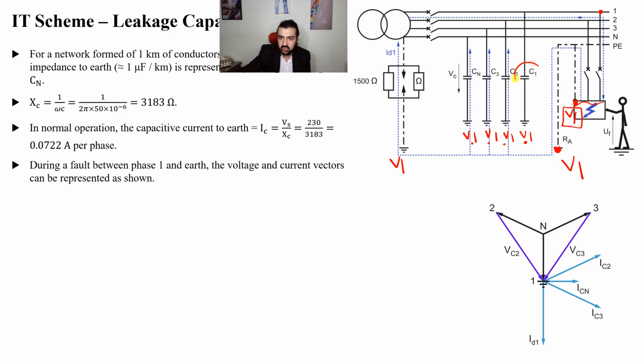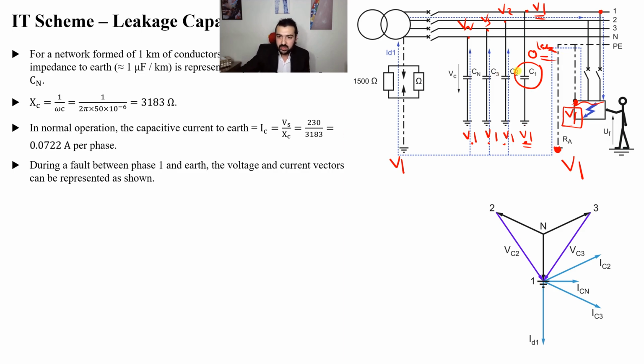For this particular one, we have here V1, V2, V3, and V neutral. So we have V1 and V1, no potential difference on this leakage capacitance. So here we have zero leakage current during fault condition.